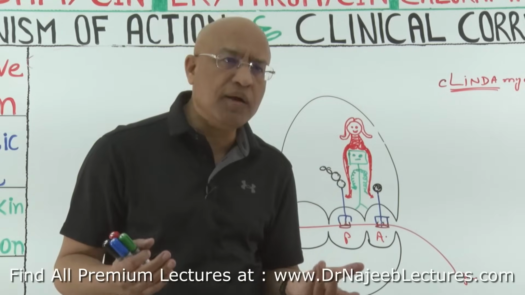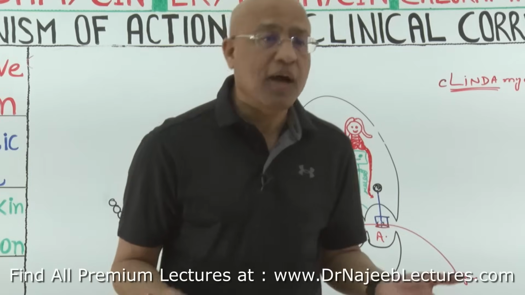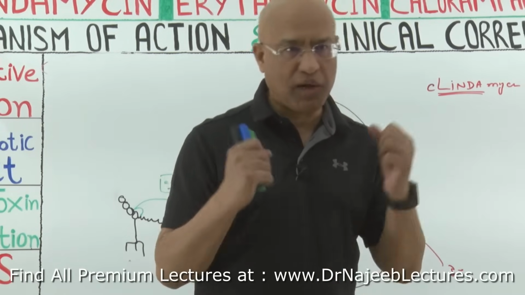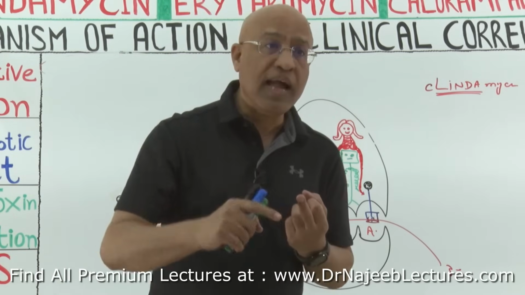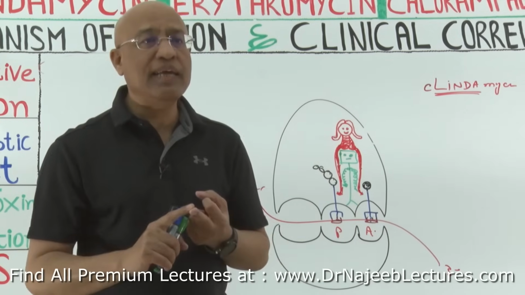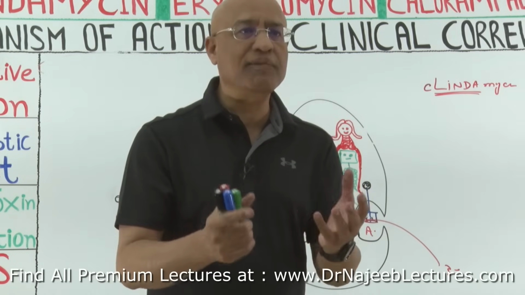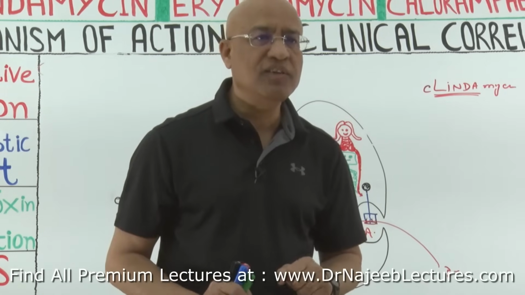And if chains cannot be elongated, how proteins will be formed? So what will happen? Number one, protein synthesis will be reduced, and if any proteins are produced, they will be distorted. They will not be having the complete amino acid set.